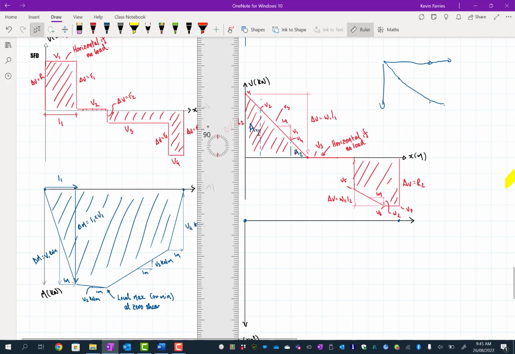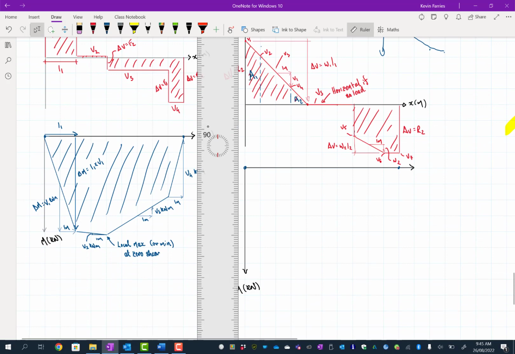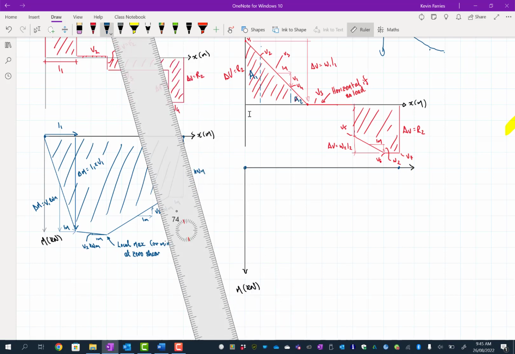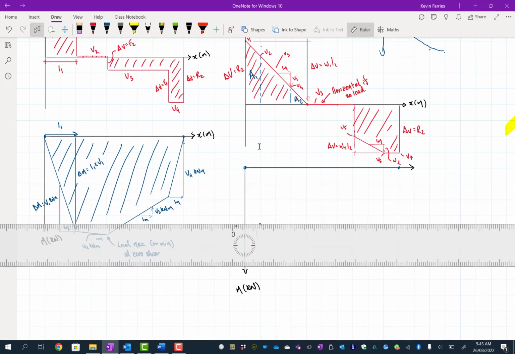So for this one here, let's make a start. And so we know that over that first meter, or whatever that is, the magnitude of the moment is going to change by the area under the shear force diagram. And so let me just draw it, just do some points. I'm just counting squares to get that. But that change there in the first meter is the best place to draw this.